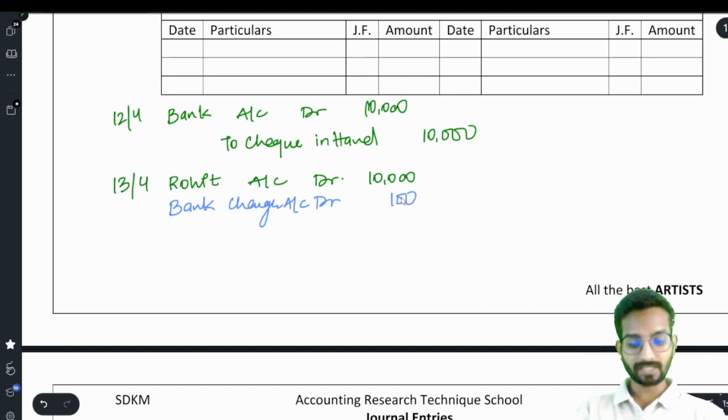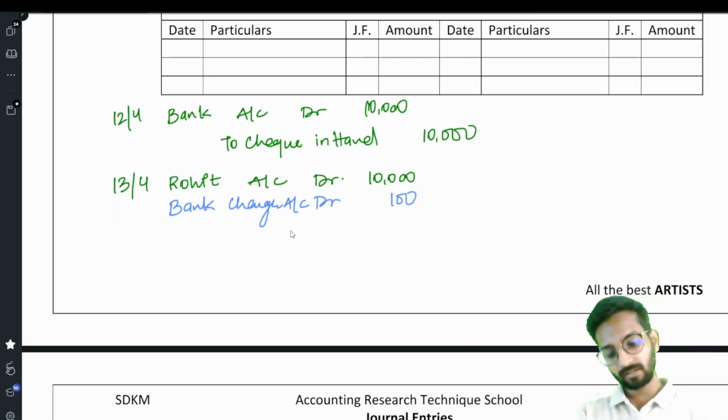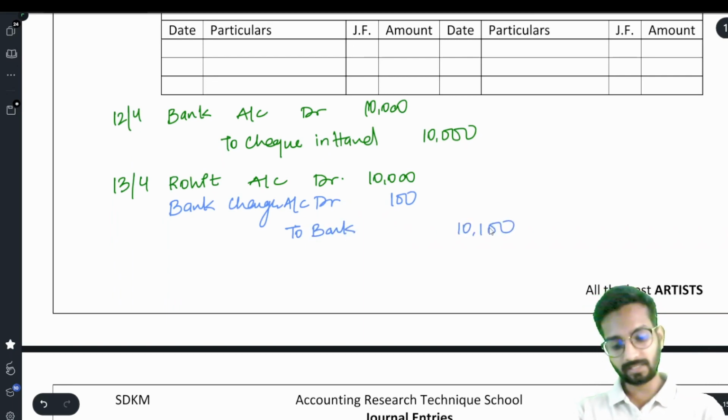Now how much money do we have to pay? We will write here to bank 10,100.